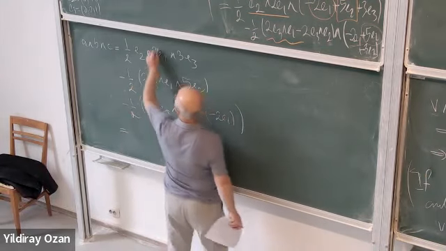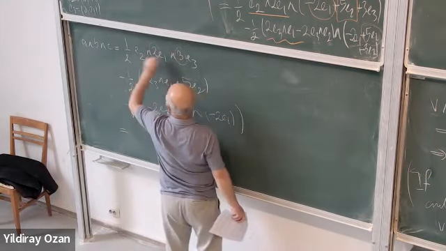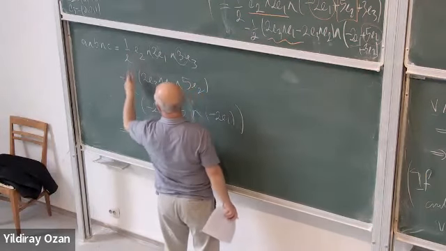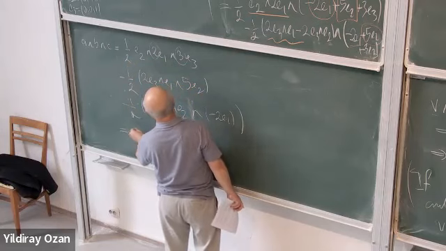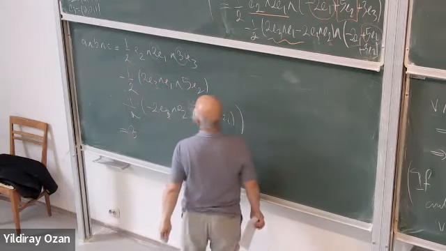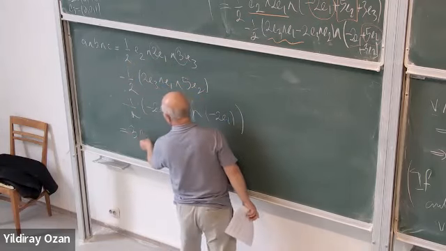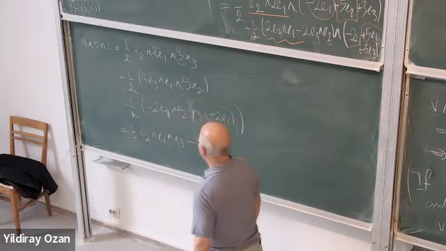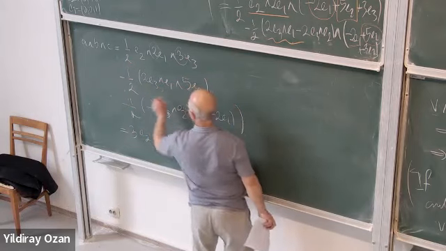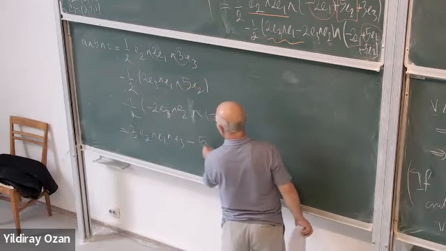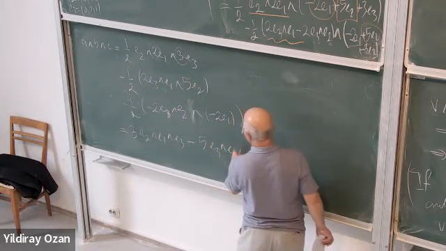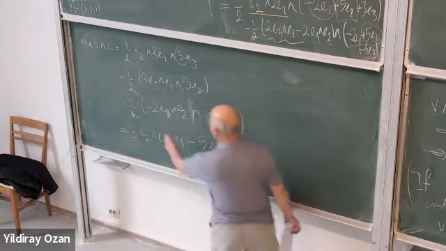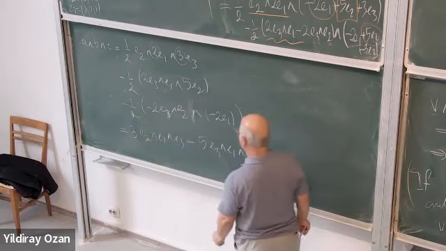All this constant goes out, and I have 2, 3, 6 divided by 2. It is just 3. And then I have E2, E1, E3. Here what will happen? Minus 1, minus 5 times E3, E1 and E2. And again, minus 2 it would be plus 2.